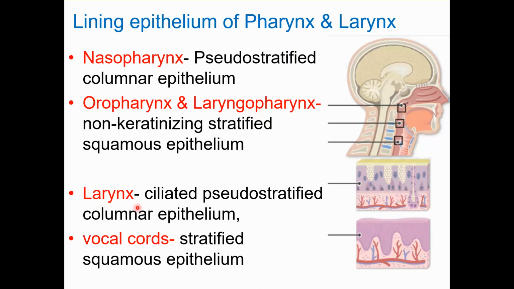The larynx has ciliated pseudostratified columnar epithelium, whereas the vocal cords, which undergo regular strain during voice production, have stratified squamous epithelium. Here, the larynx has ciliated pseudostratified columnar epithelium. Vocal cords are different, with stratified squamous epithelium.